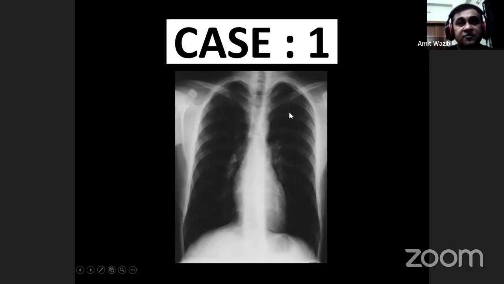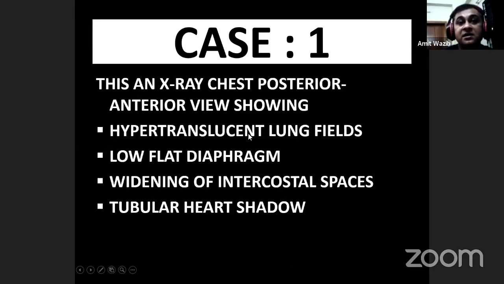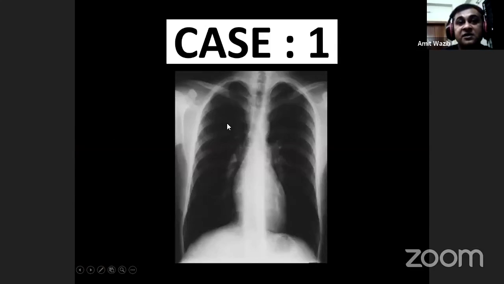So if you have to read out the ECG, like all the ECGs, start with: this is an X-ray chest, posterior anterior view, showing hypertranslucent lung fields, low flat diaphragm, then widely spaced ribs or widening of the intercostal spaces, and finally tubular heart shadow.